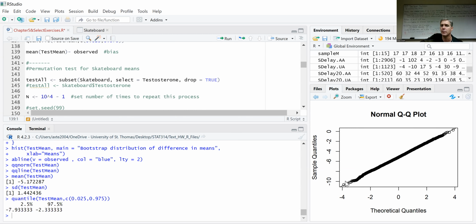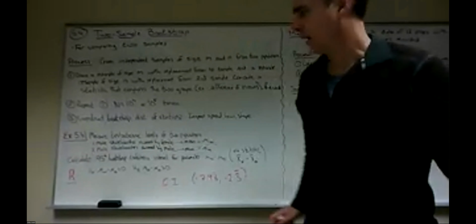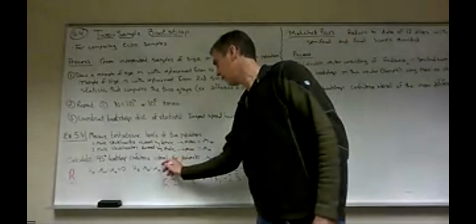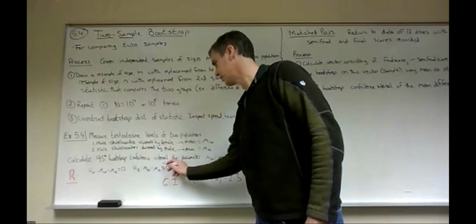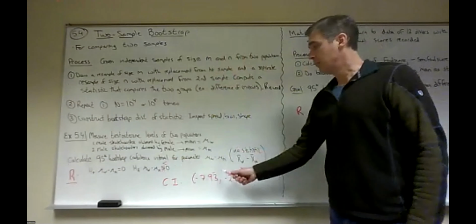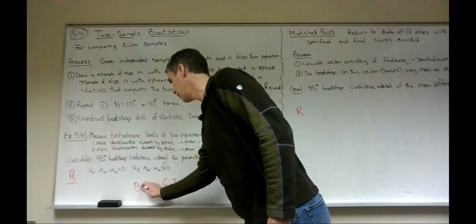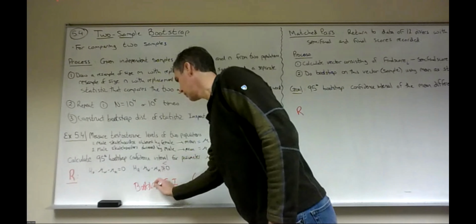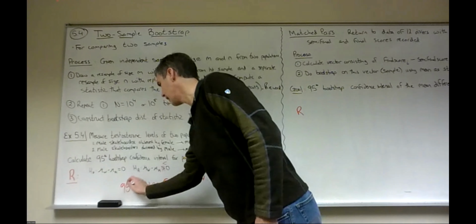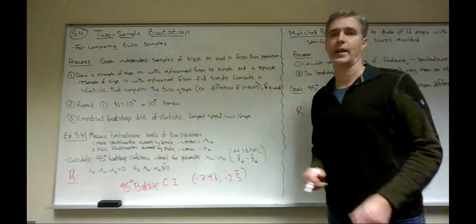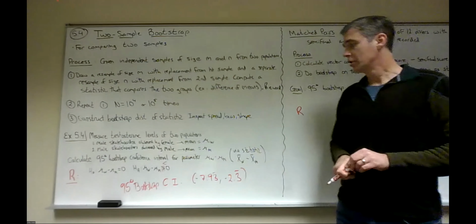So I'm going to go back to the board here. All right, and I think the alternative hypothesis must have been that. But I got a confidence interval here, a bootstrap, and a 95% bootstrap confidence interval. Okay, so we now know how to construct it with 2 samples.